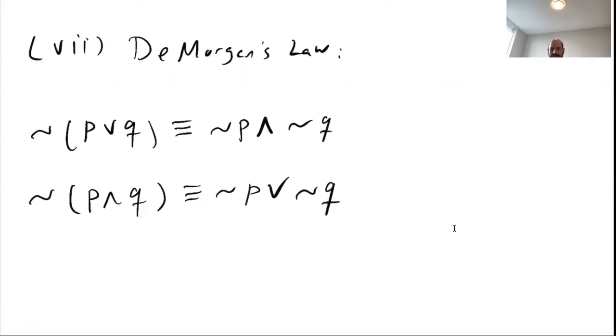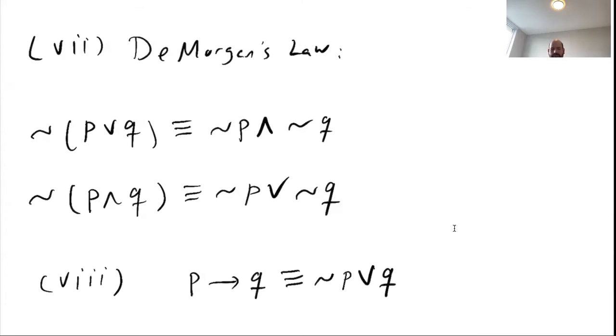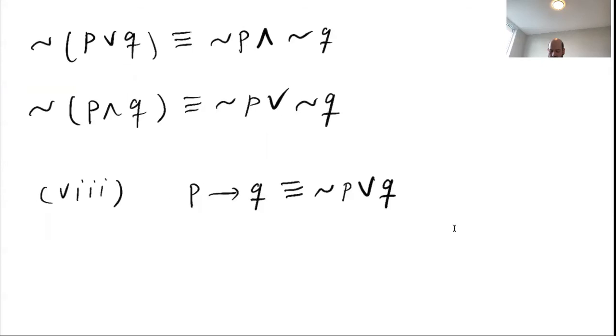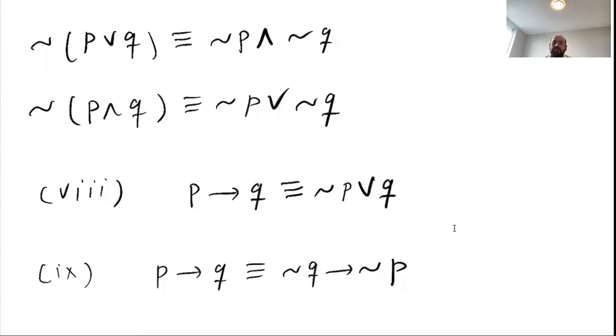Okay, another important thing, 8: P implies Q is the same as negation P or Q. Another one: P implies Q is the same as negation Q implies negation P. So this one, number 9, we cited last time that an implication is always logically equivalent with its contrapositive.